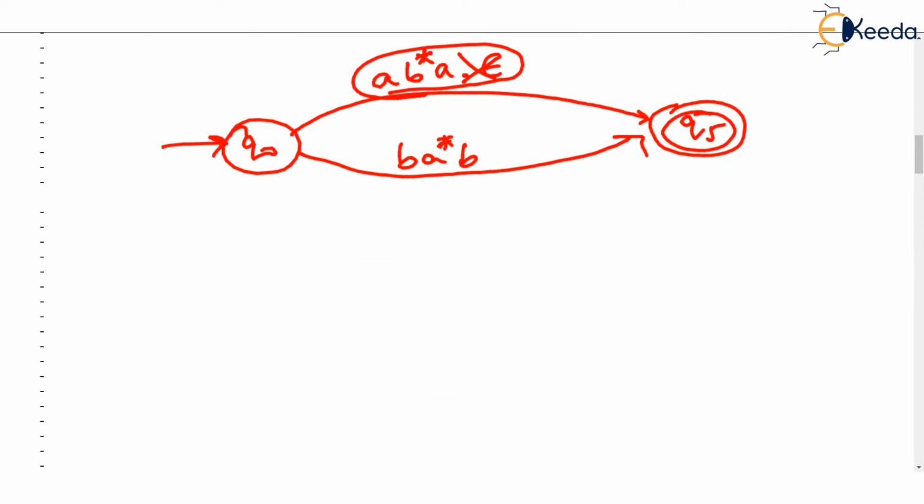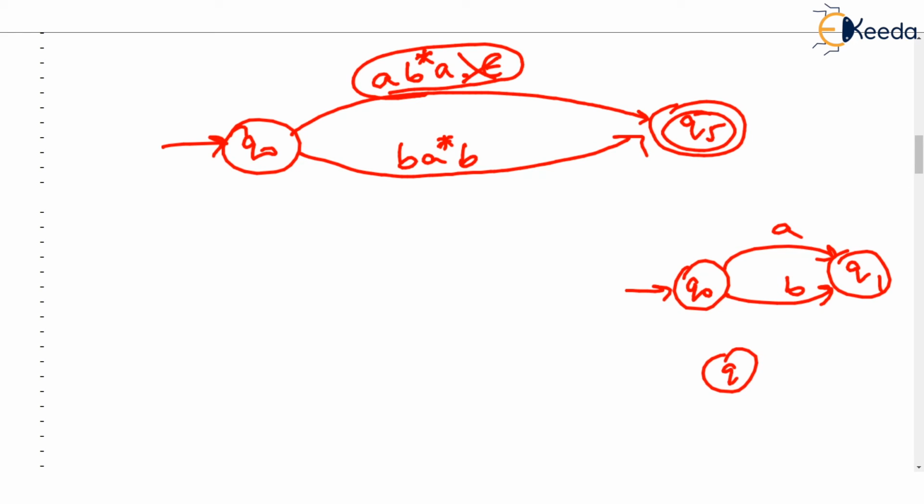Now please try to understand. We have got this FA with two edges from Q0 to Q5. But you tell me, you know it. If you have initial state Q0 and if you have a transition on A to Q1 and a transition on B to Q1, then you can simply write this as A or B, isn't it?